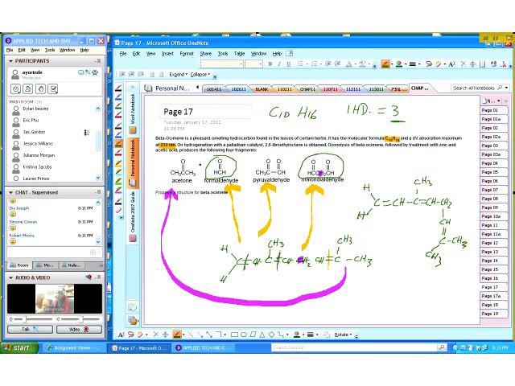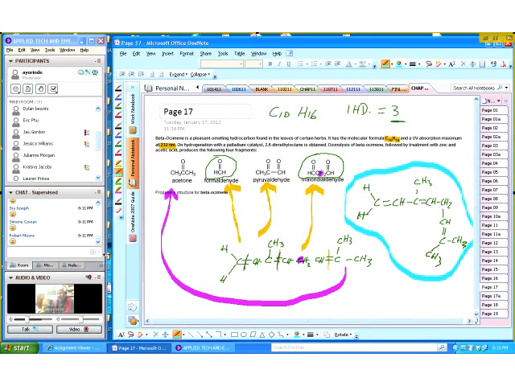Okay, so this is our unknown compound. It's right here. Okay, this one right here. If you see that, give me a happy face.